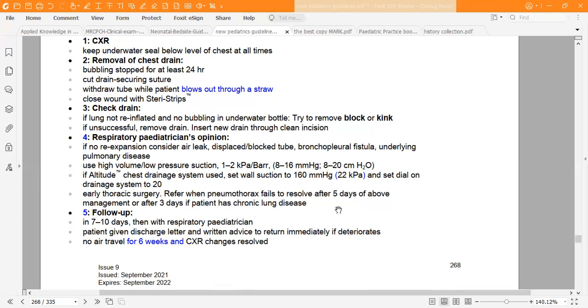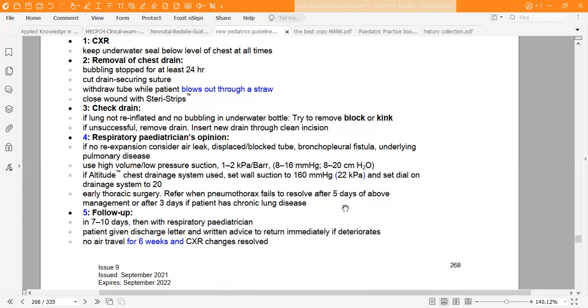So in a healthy patient, a pneumothorax not resolving for 5 days, or in a patient with underlying chronic lung disease, no improvement within 3 days, are the only indications for involving the thoracic surgeon to do surgical intervention.